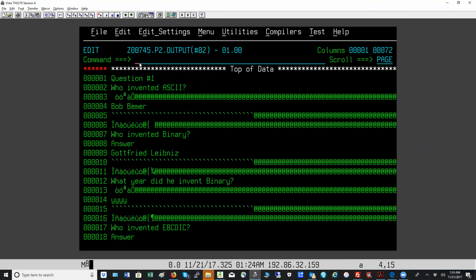Now, line 6 is question 2, and you can't read the EBCDIC characters, this is only going to render the ASCII characters.